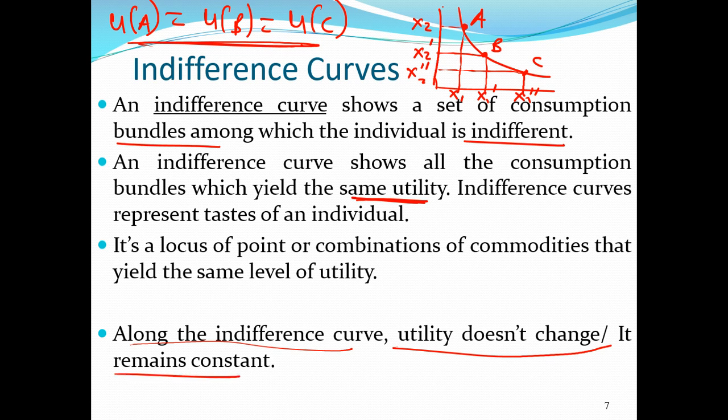It just remains constant. Therefore, an indifference curve is nothing but a locus of points that shows the various combinations of two goods X1 and X2 from which the consumer derives the same level of satisfaction.